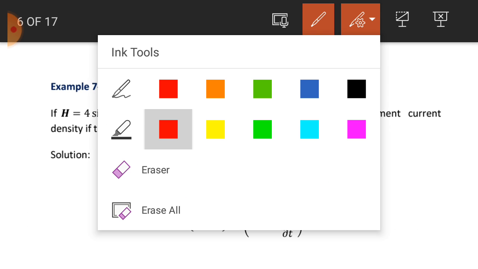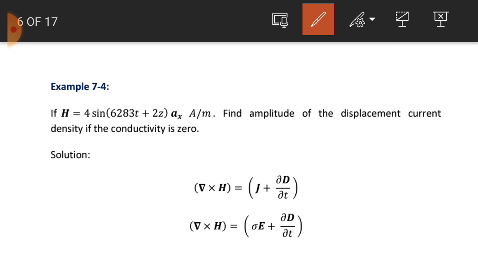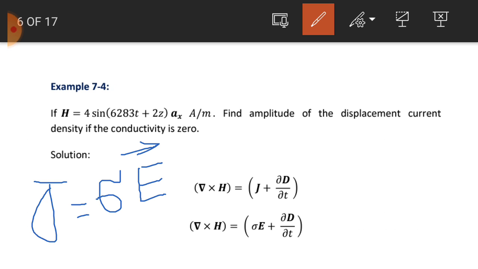So we know that J is basically equal to sigma, which is the conductivity, multiplied by the electric field intensity. So we replace J in this equation by sigma E. And we know that sigma is equal to 0.